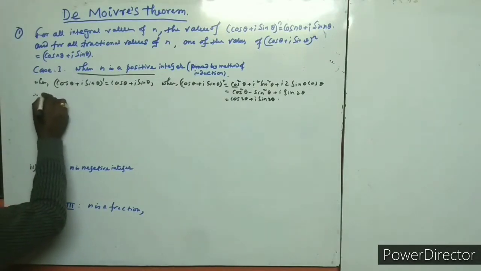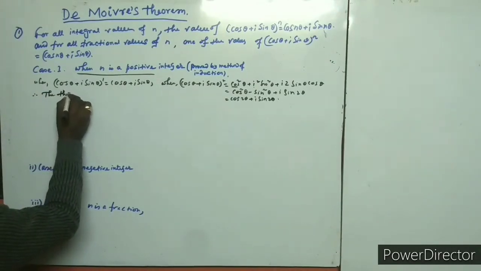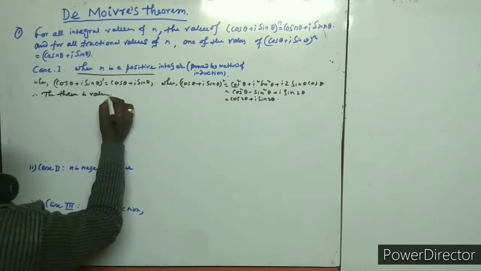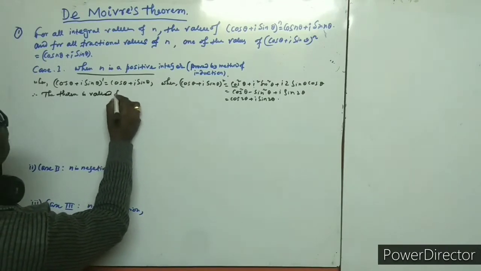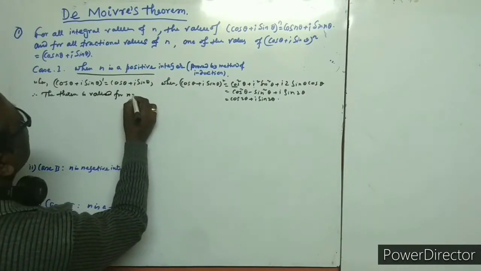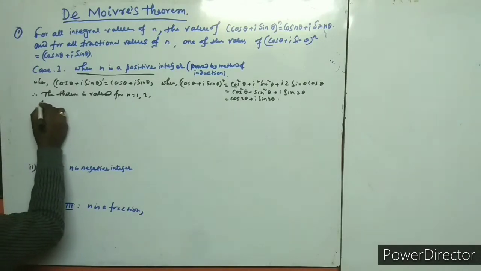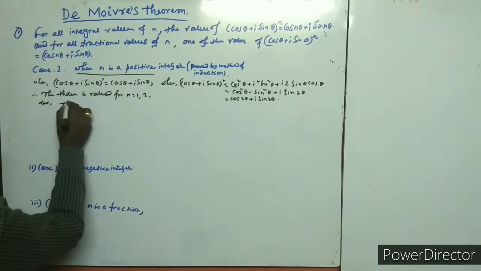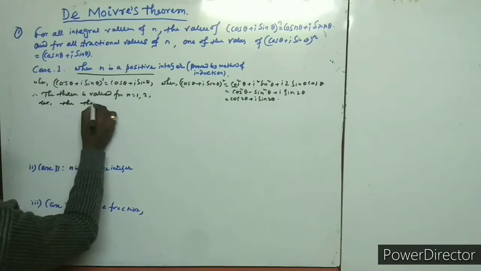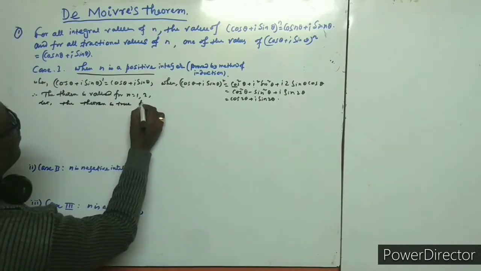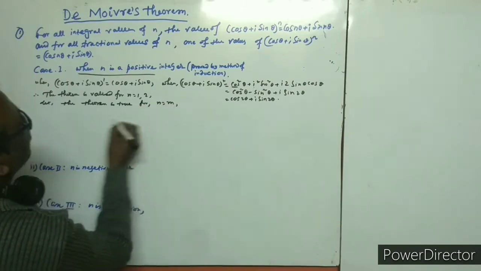Therefore the theorem is valid for n equal to 1 and 2, okay. But let us assume the theorem is true for n equal to m.